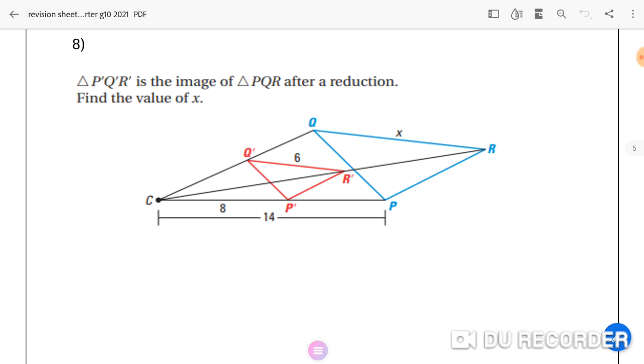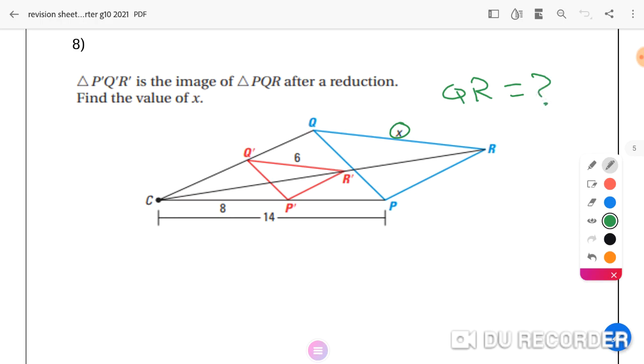Triangle B prime, Q prime, R prime is the image of triangle BQR after a reduction. Find the value of x. And here we're given these dimensions, and the required is to find the value of x, which is the length of the side QR. What is the length of QR?